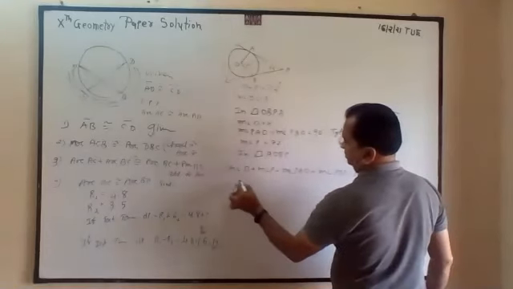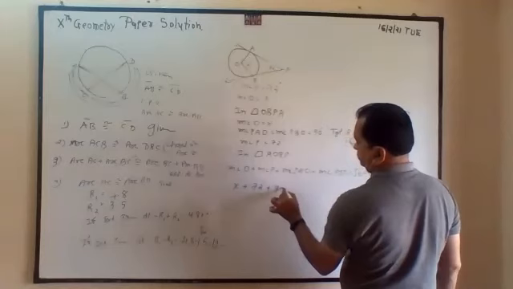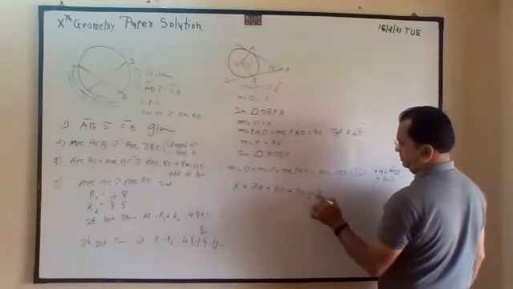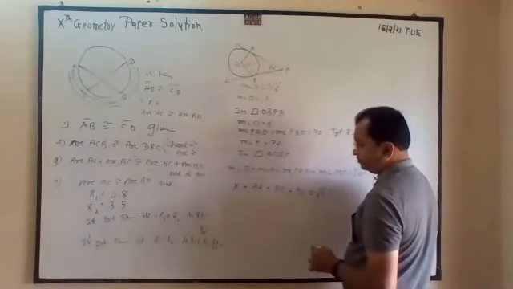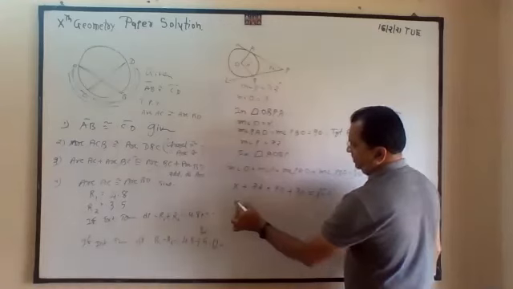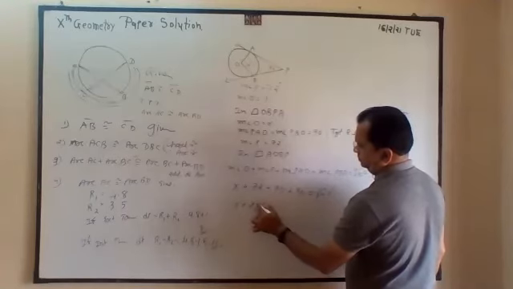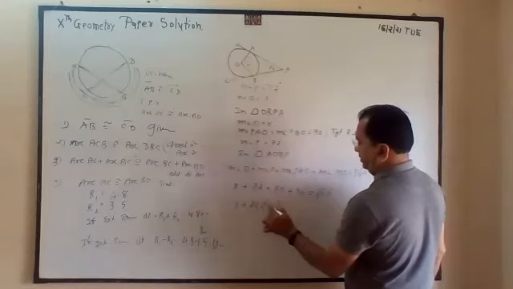O is X, 72, 90, 90. 90 plus 90 is 180, plus 72 is 252 degrees.